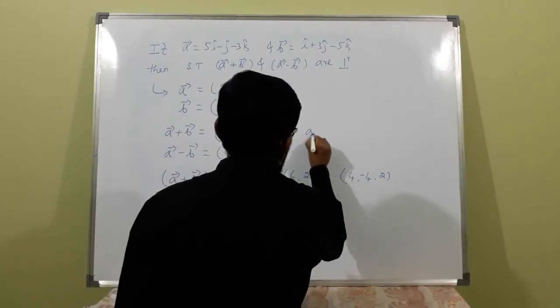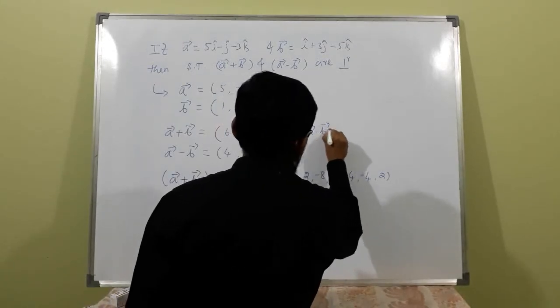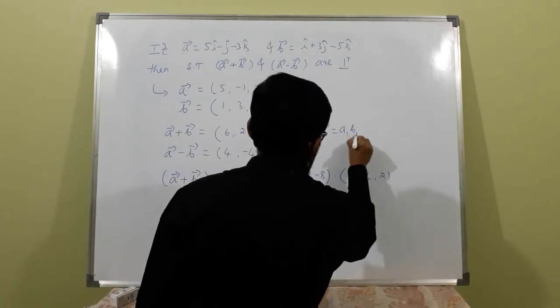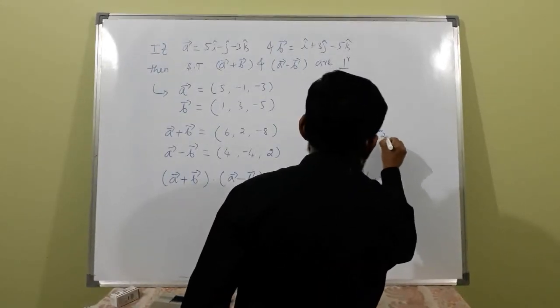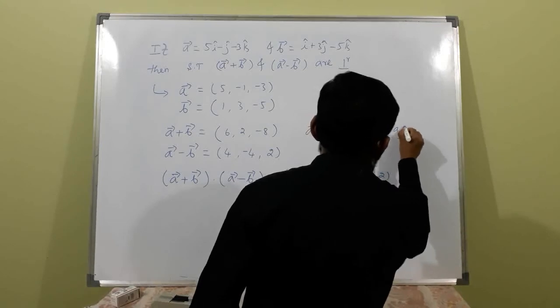As I told you earlier, A dot B is equal to a1 b1 plus a2 b2 plus a3 b3.